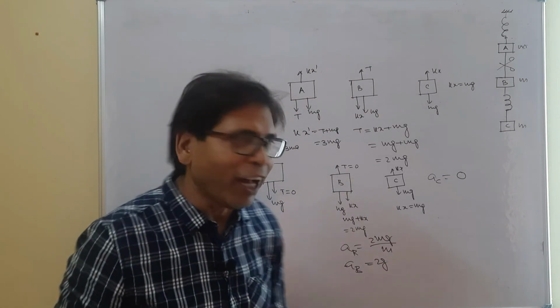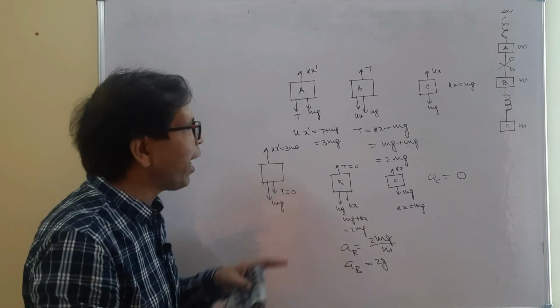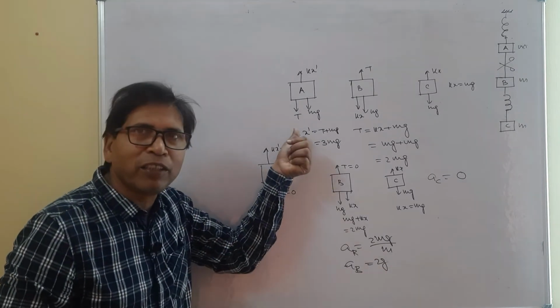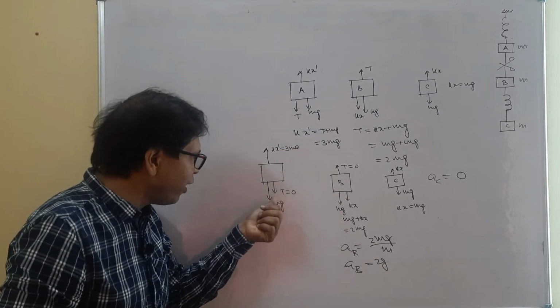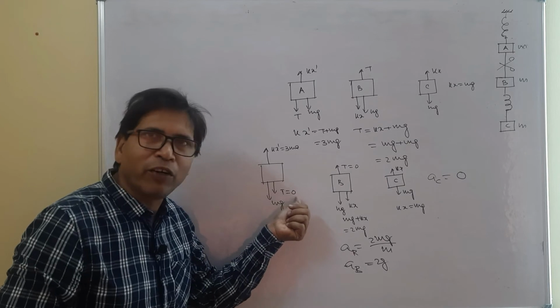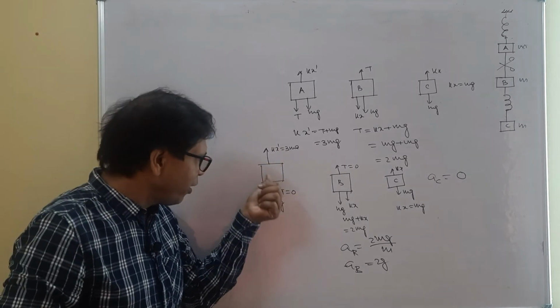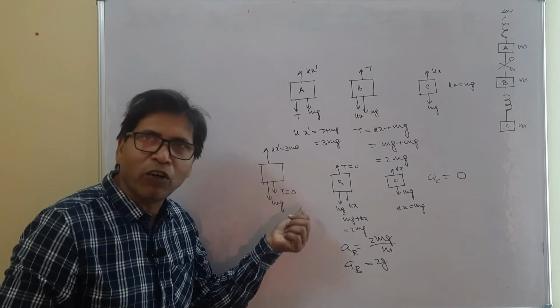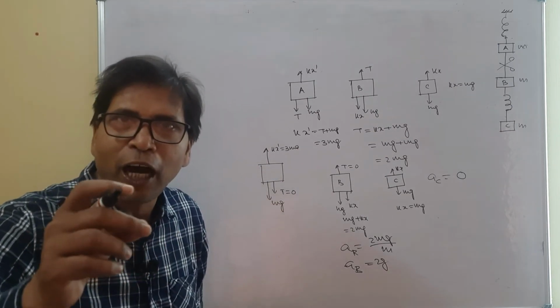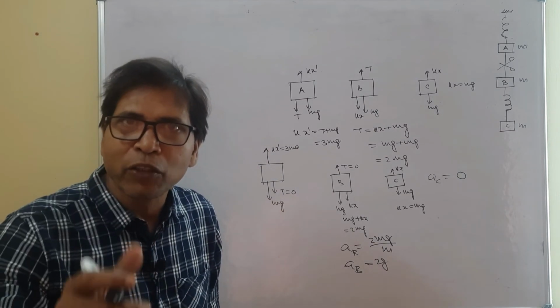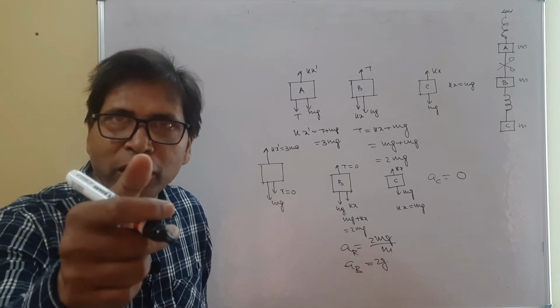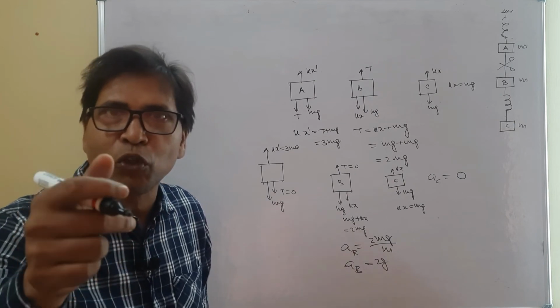Understood? Now, what are the forces acting on A? Look at this. This is the 3mg, and this is the mg because of T0. Here the upward force is 3mg and the downward force is mg, T0. What is the resultant force? Upward 3mg, downward mg, so the resultant force is 3mg minus mg, 2mg.